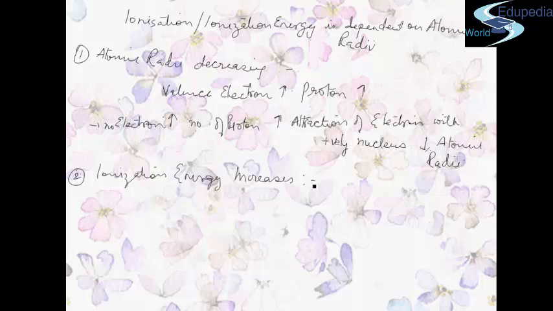So now we conclude that the number of electrons increases when we move from left to right across the period.